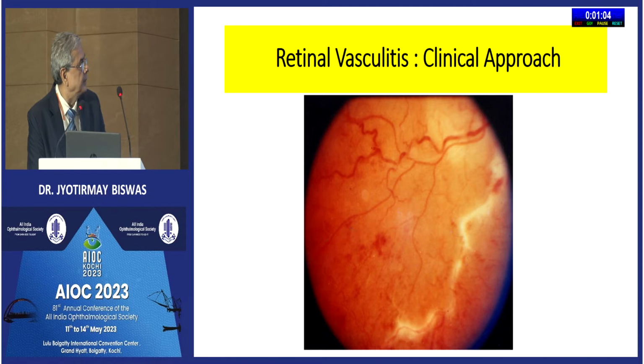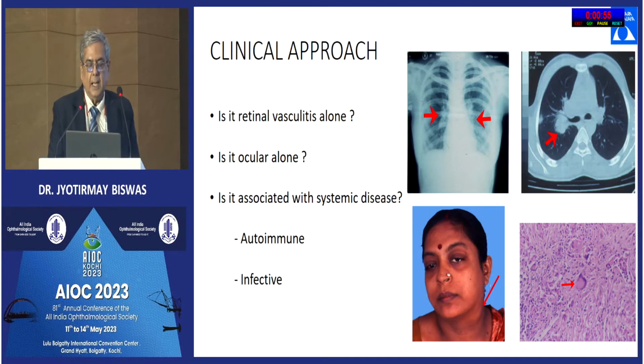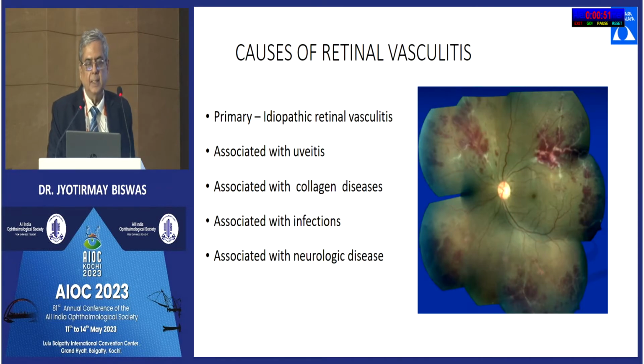Just a few points about retinal vasculitis. The question I ask is: is it retinal vasculitis alone, is it ocular alone, or is it associated with a systemic disease, autoimmune or infective? There is primary and idiopathic retinal vasculitis. Eales disease is now thought to be an immune-mediated reaction to Mycobacterium tuberculosis.